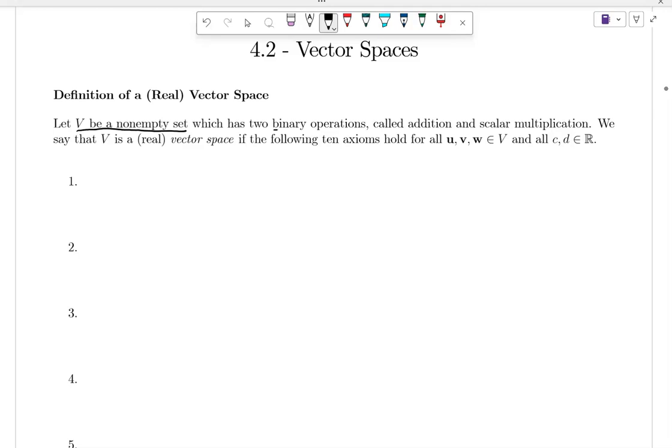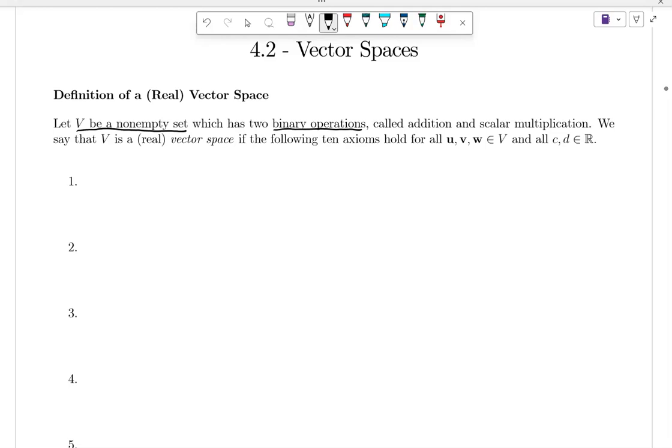We also need two ways to describe how we're going to combine things. So we have two binary operations. That's all binary operation means: you're going to take two things and combine them together. We use the names addition and scalar multiplication. The addition and the scalar multiplication don't have to look like normal.